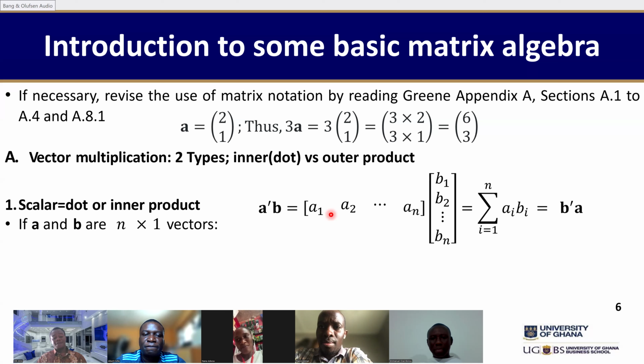Inverse of a matrix and transpose of a matrix. What's the difference? So the inverse is used to multiply the matrix to give an identity matrix, whereas the transpose takes the matrix from an n by m to an m by n.